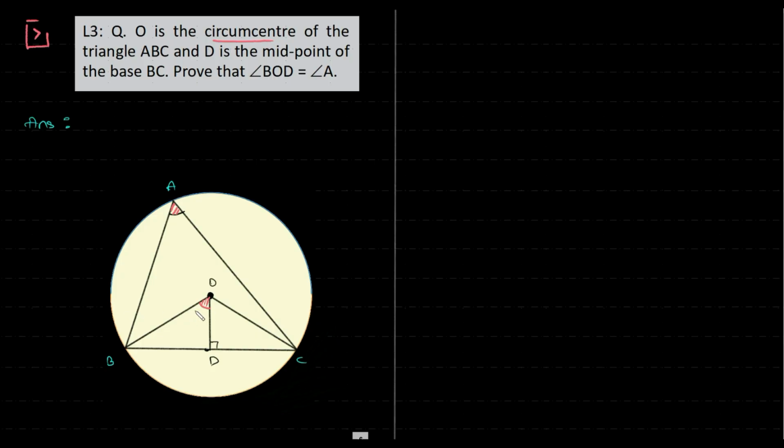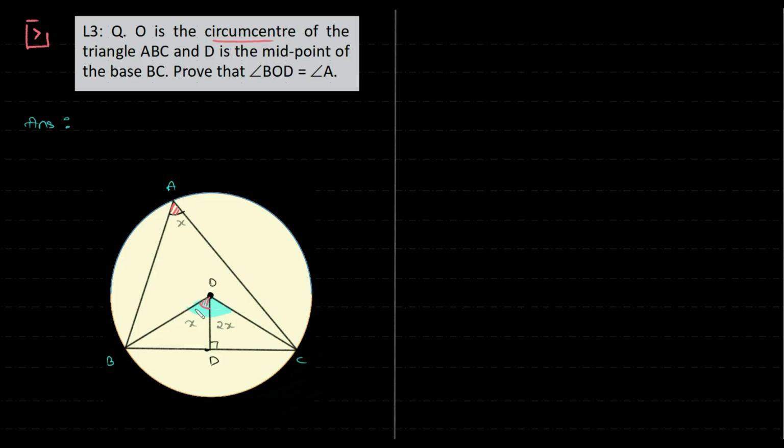Yes, it's related to angle BOC. This entire angle. Next question is, how are they related? Well, angle A is half of angle BOC. If I call this entire angle BOC as 2x, then angle A is x and angle BOD is also x.